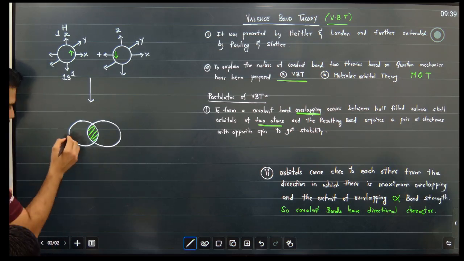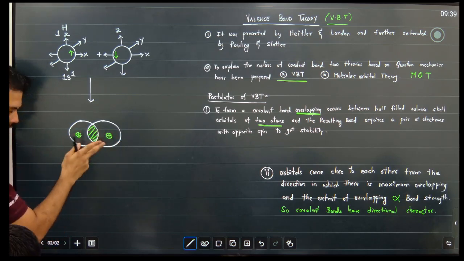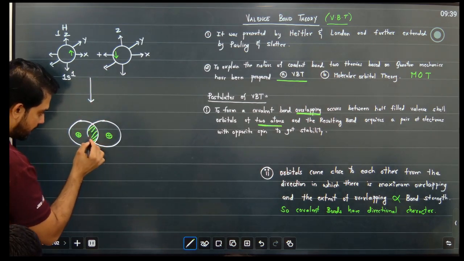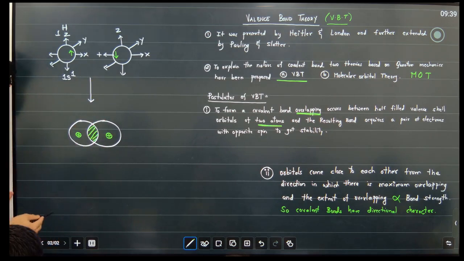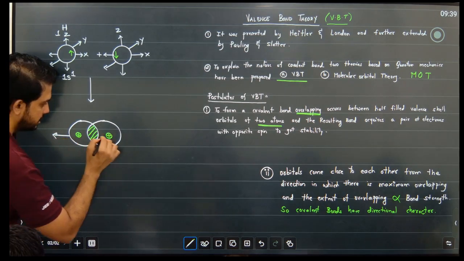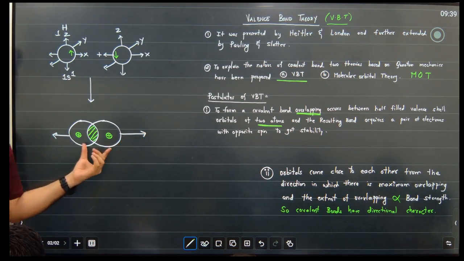So the electron density is now in between the nuclei of the two hydrogen atoms. So जो आपका ये shared pair of electrons है ये यहाँ पे present है in this shaded region, and this phenomenon is the overlapping of orbitals.